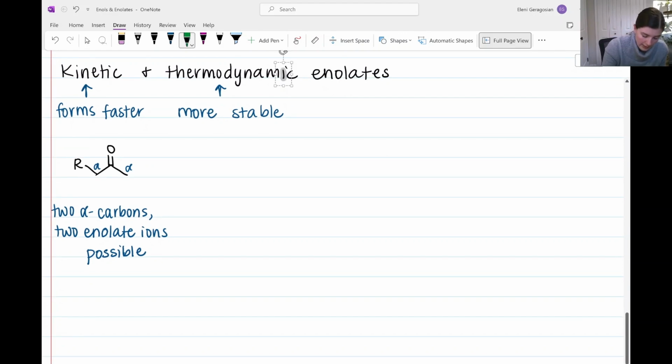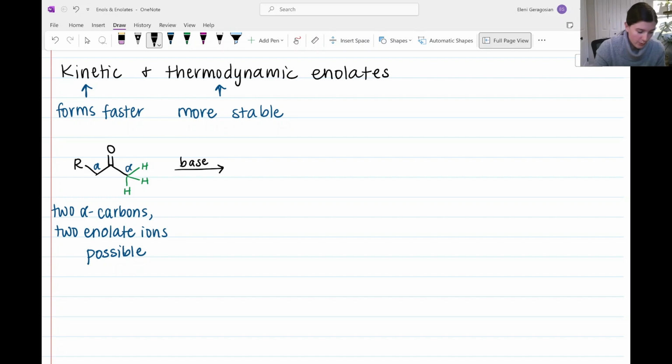So if we look, we'll first do the CH3 group. We have 3 hydrogens here. These are all alpha hydrogens. And if we remove one of them, of course we need a base to remove that alpha hydrogen. We saw these mechanisms in the previous video.